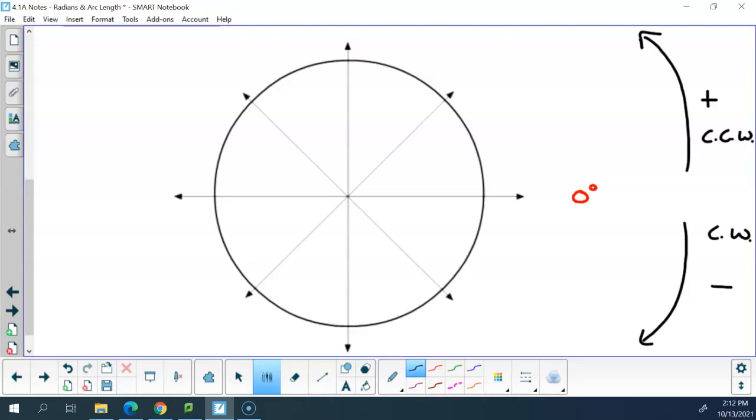So if it's 0, all the way around would be 360 degrees. Halfway around would be 180 degrees. Half of half would be 90 degrees. 270 would be down here.